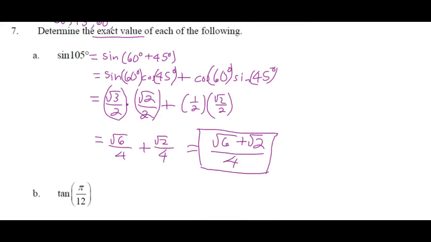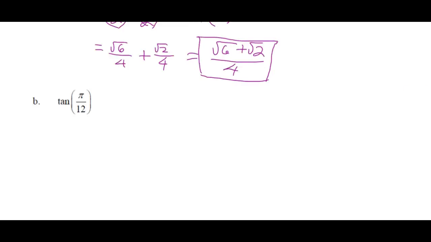What if I did 4 pi over 12? Now that's pi over 3, and pi over 3 is an exact value. We know what to do with that. And 4 pi over 12 minus 3 pi over 12 is 1/12. 3 pi over 12 is the tan of pi over 4.